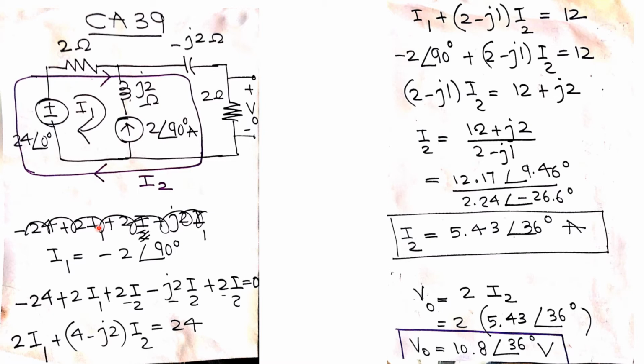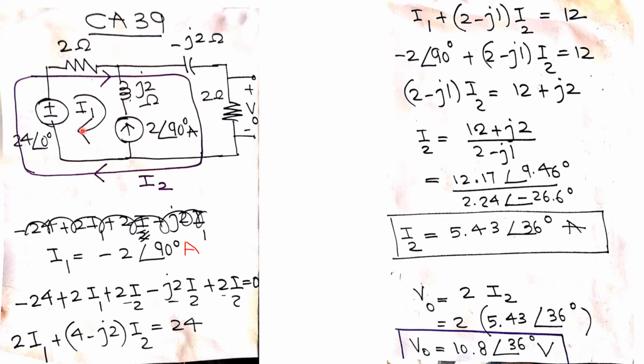For this first loop, we'll assume this I1 is definitely minus 2 at an angle of 90 amperes. Why minus 2 at an angle of 90 amperes? Why not anything else, and why have we not written an equation for this? In my DC analysis lectures, I have mentioned that if we have a current source in a loop, we don't write an equation for that loop.